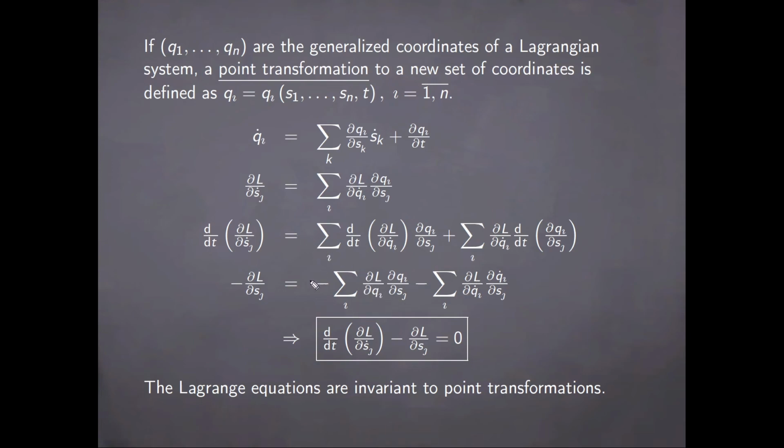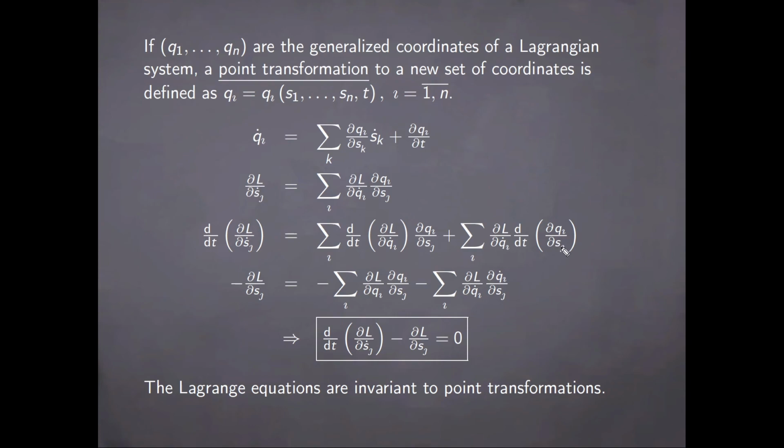So if we look at these two, we notice that for the term here and the one here, this derivative factors out, and what is left is the original Lagrange equation for each particle, so for each coordinate. So these two will vanish, and the same thing happens here, given that we can interchange the order of the operations.